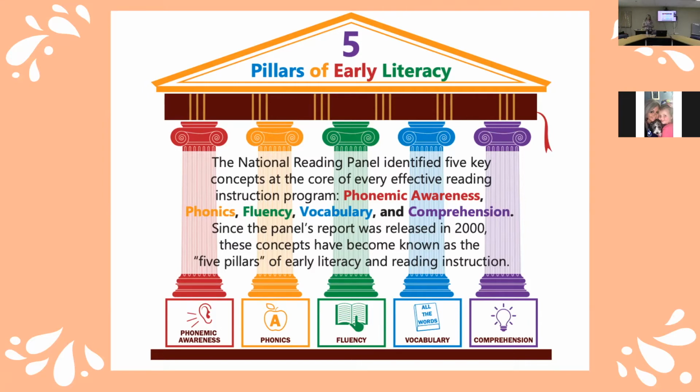As we get into different areas of reading, we're going to find that if any of these pillars are lacking or even weak, then it affects all the rest of it, and the overall level of students' reading ability is affected. Sometimes what we want to look at is, if a kid is not comprehending a text, is it a comprehension problem, or is it one of these other early foundations?